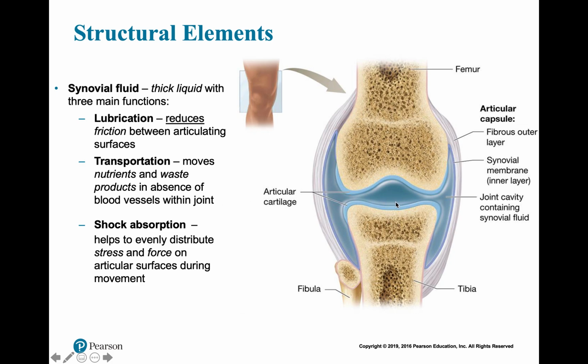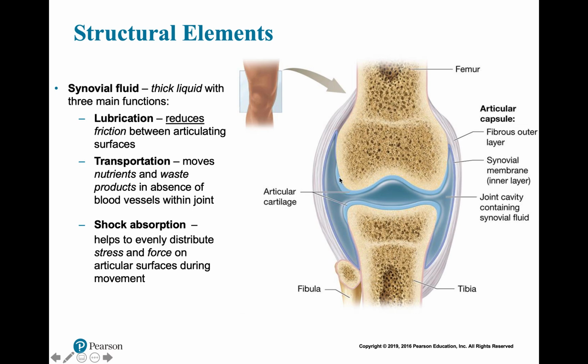Transportation of nutrients and waste products. The fact that the synovial fluid is constantly being recycled, new fluid gets produced and secreted, old fluid gets reabsorbed, means we have this constant circulation of nutrients and elimination of waste products.